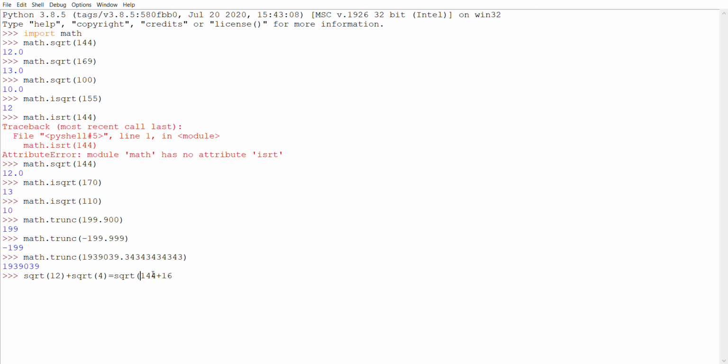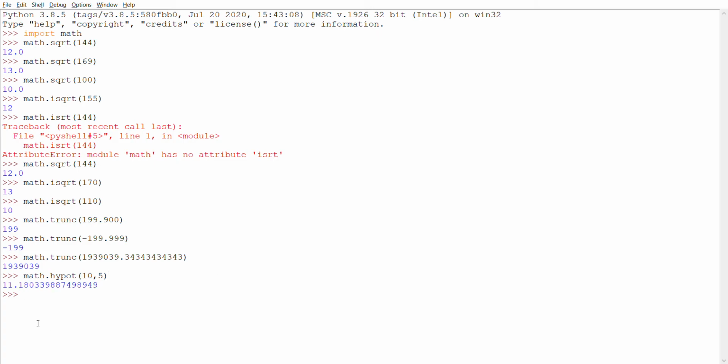You know right angle triangles, right? That is what we are going to define here. Math.hypot, hypotenuse (10, 5). 10 times 10 is 100, plus 5 squared is 25, and then the square root of 125.